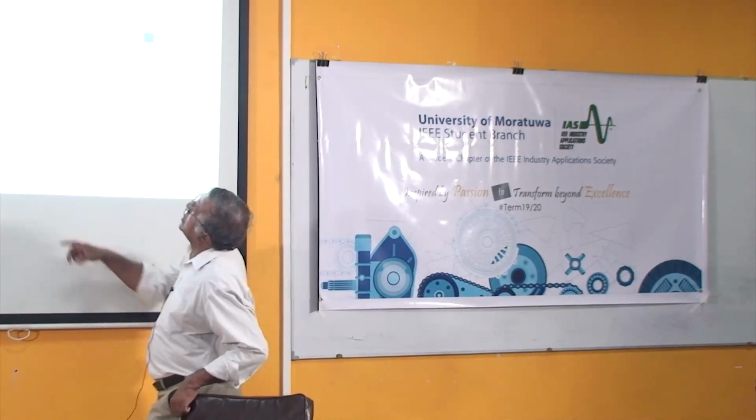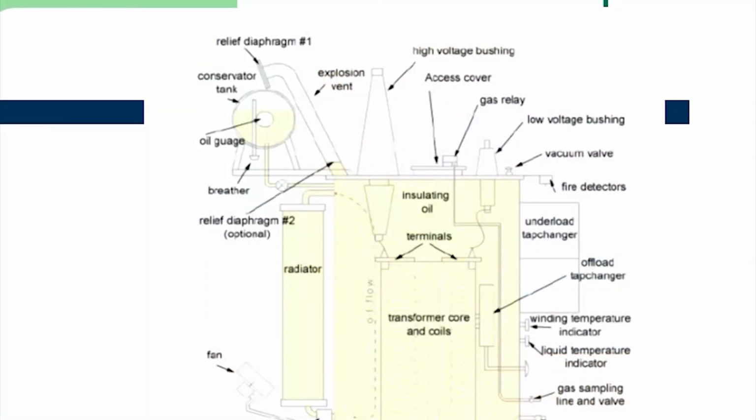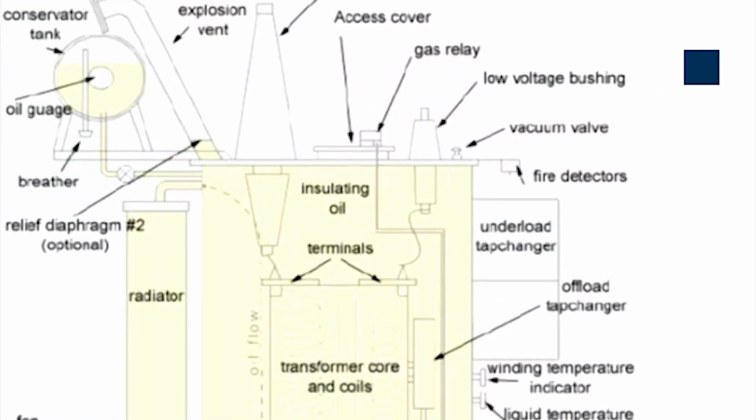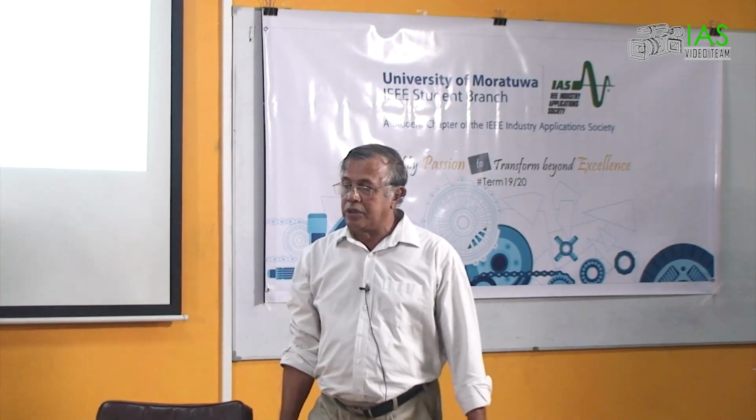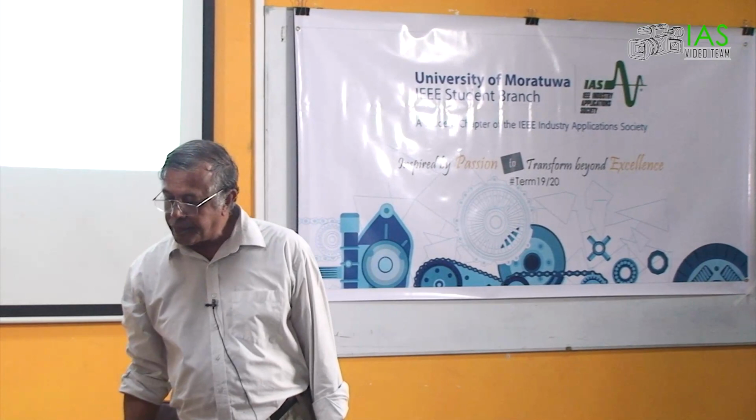Then there is the Buchholz relay, which is not shown here. There is a vacuum valve, so with a vacuum pump you can vacuum it inside. Sometimes you may have a fire detector on large transformers, and windings and so on. Those are the components.